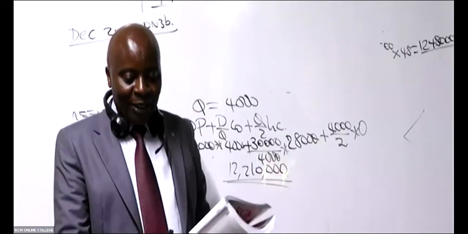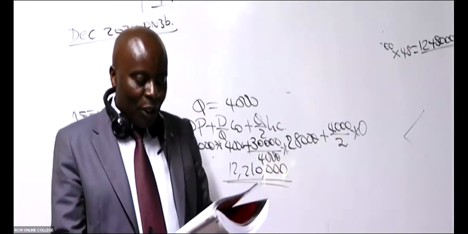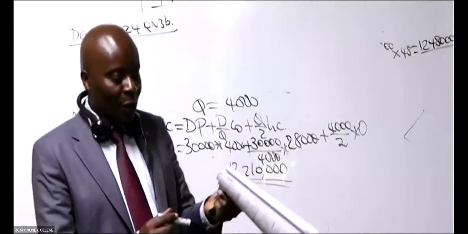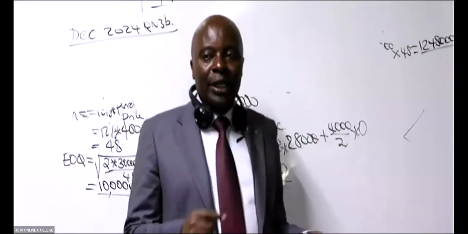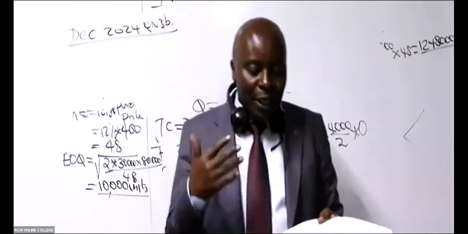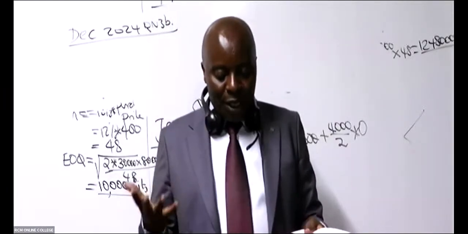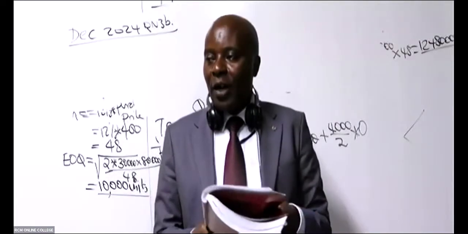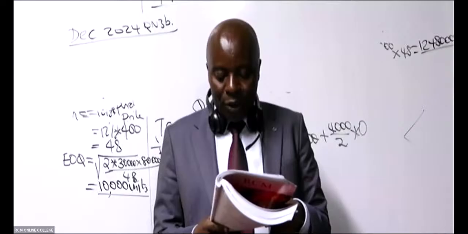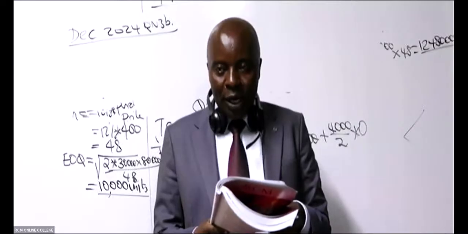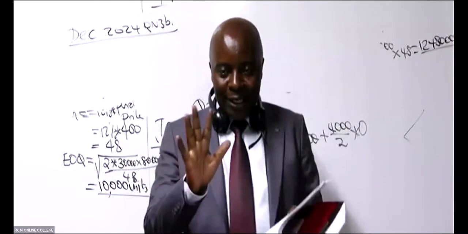Yeah, great. So this question, when they brought it, it really gave our students here a hell of a time. Not many students were able to get this right, and yet it is really easy. So we are told here Savannah supermarket currently orders 1,000 units of stock items at a time. So Q is 1,000.